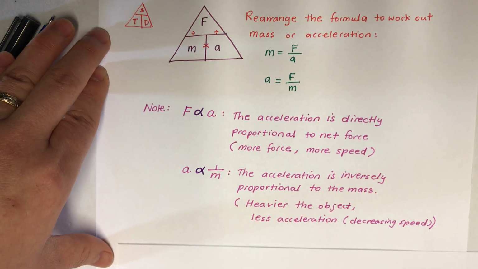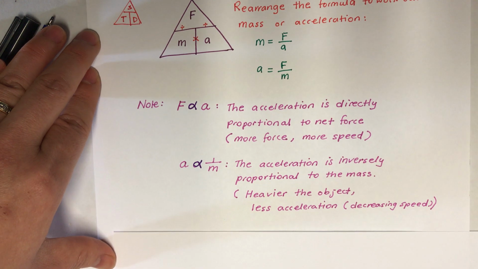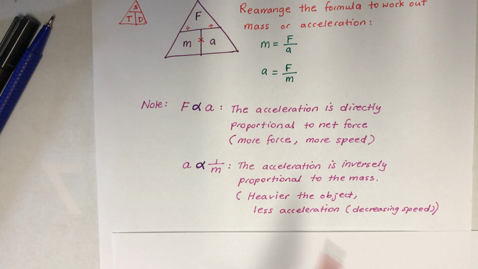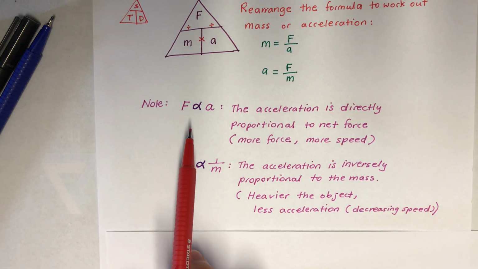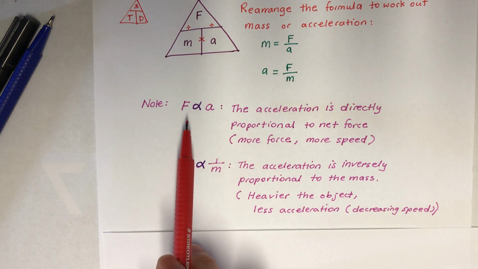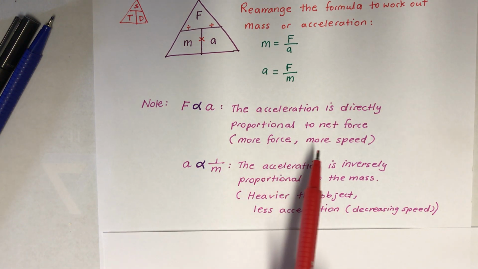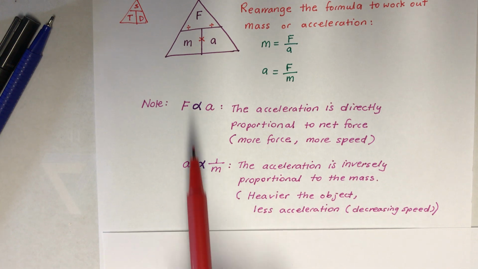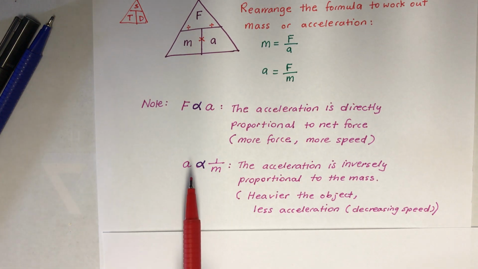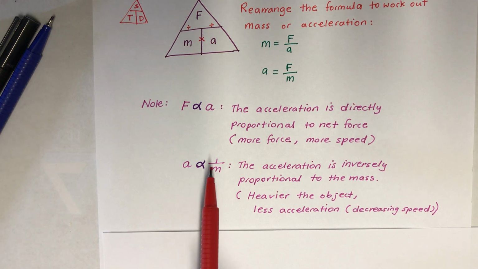Now, a little reminder here. Force is directly proportional to the acceleration. So more force, more speed. That's linear. And this one is inversely proportional: acceleration is inversely proportional to mass.